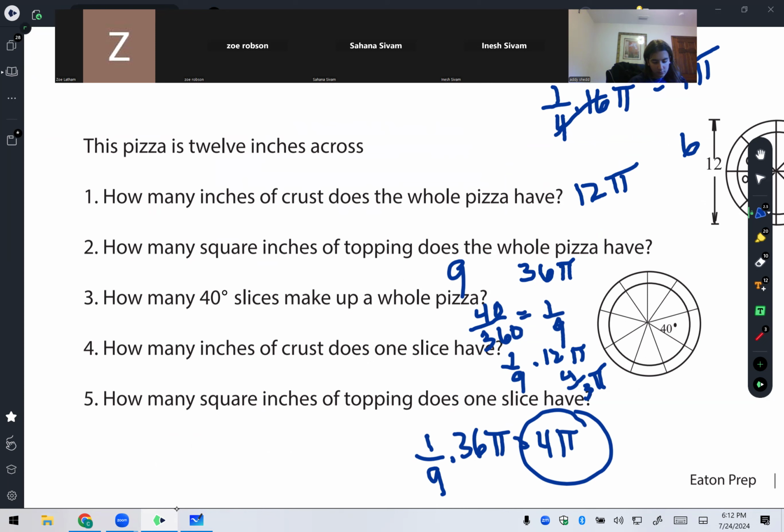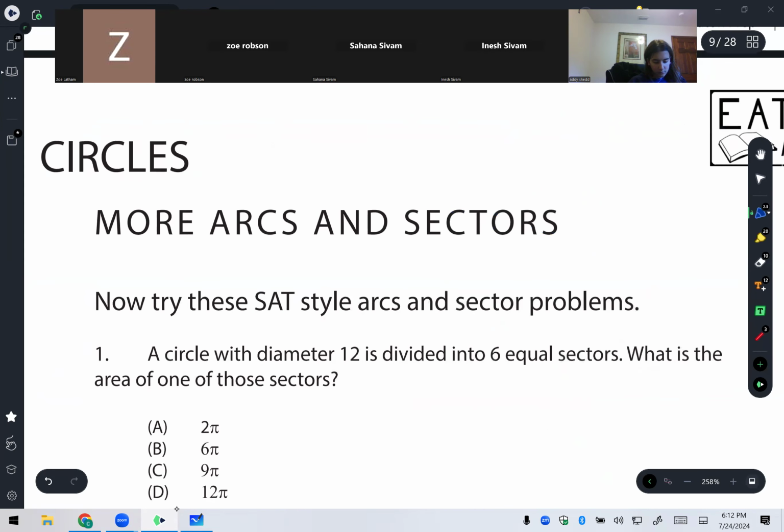We're going on to the next page, but before that, I have a book one, but it has radians in it, so we're gonna have to wait for that one. Okay, so let's go on to the next page.